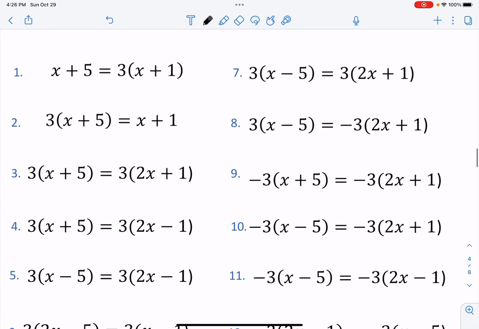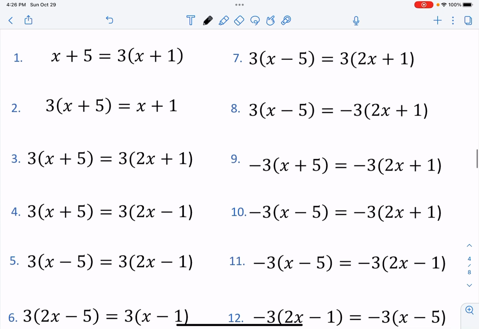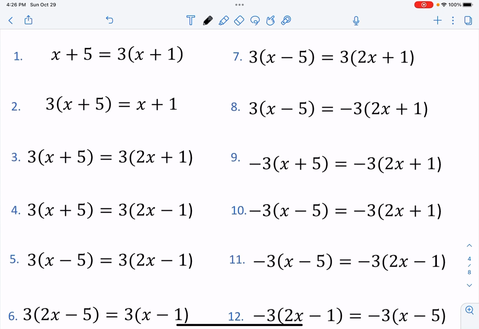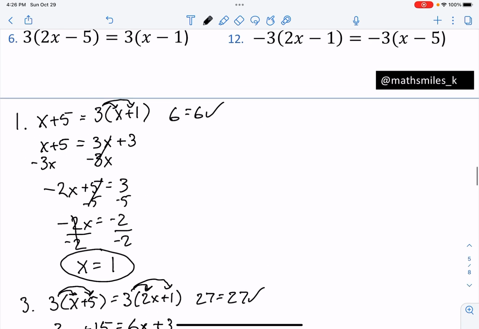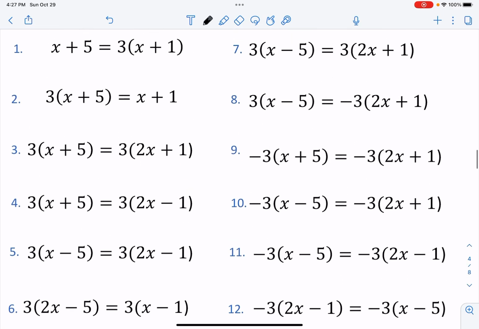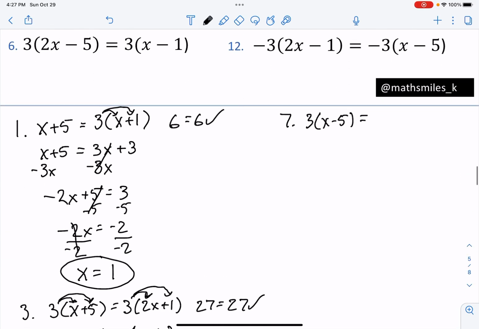Let's go with one more from here, and then I will come up with a couple that include what we want them to include. So let's go with number 7. 3 times x minus 5 equals 3 times 2x plus 1.